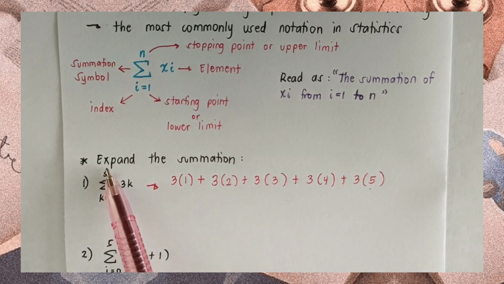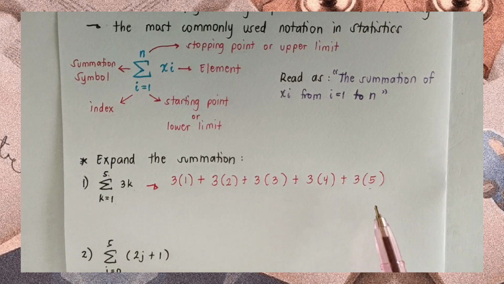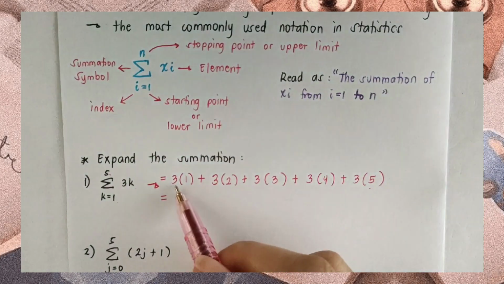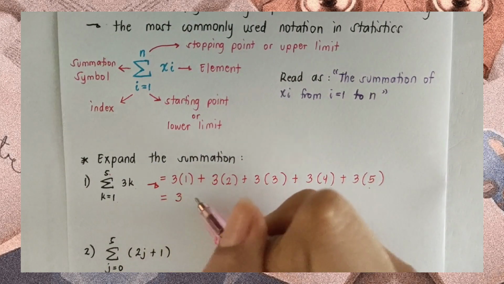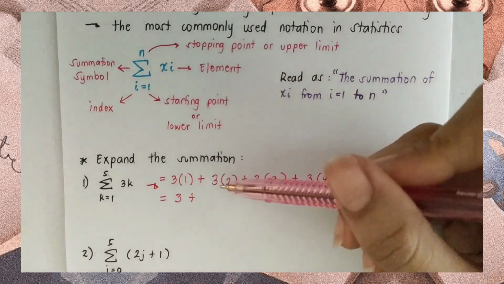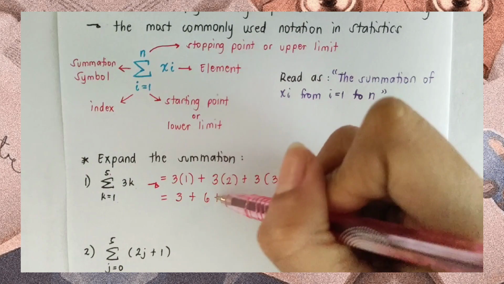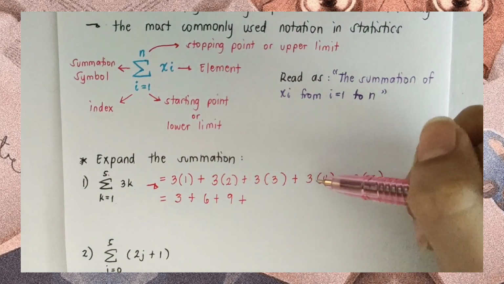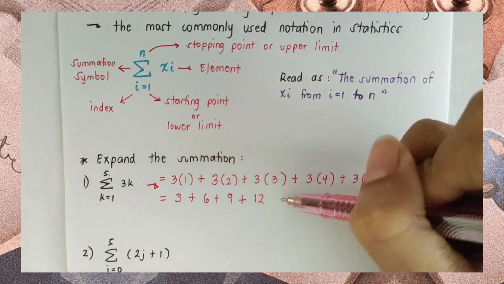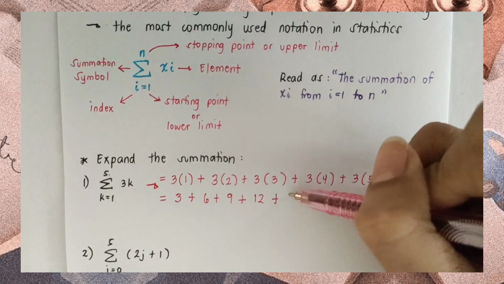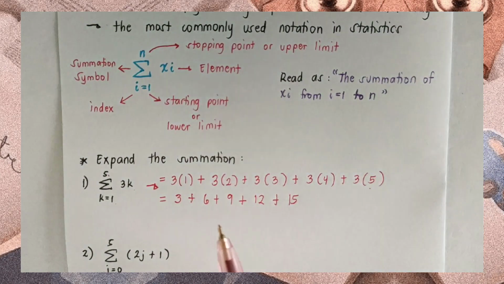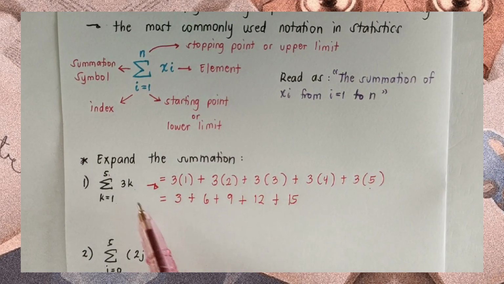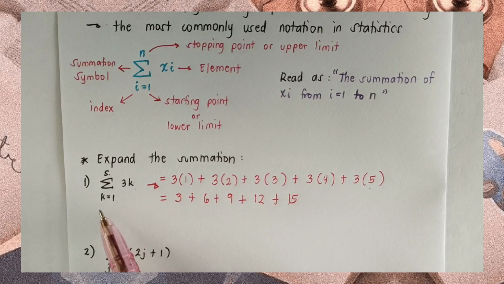Now let us simplify the following. 3 times 1 is 3 plus 3 times 2 is 6 plus 3 times 3 is 9 plus 3 times 4 is 12 plus 3 times 5 is 15. Now class, this is the expanded form of the given notation.